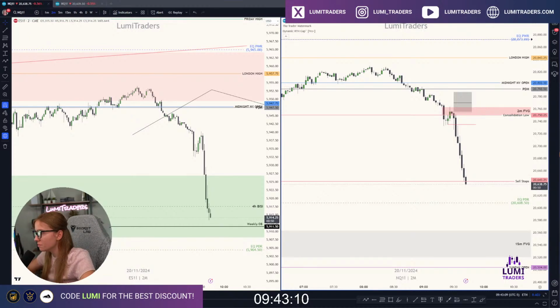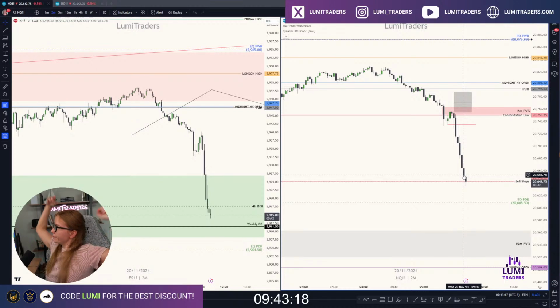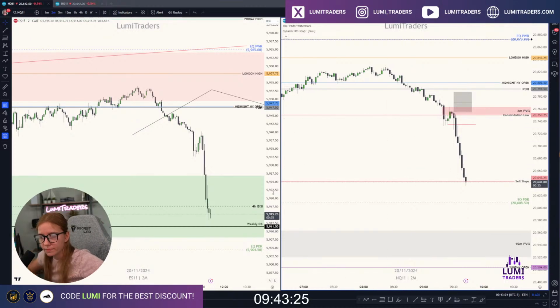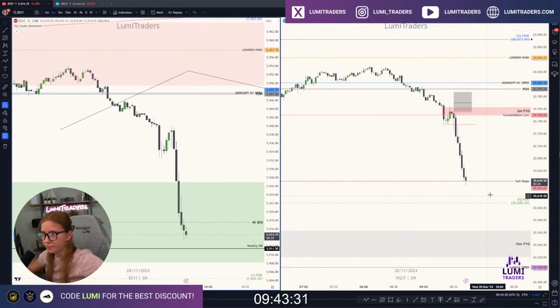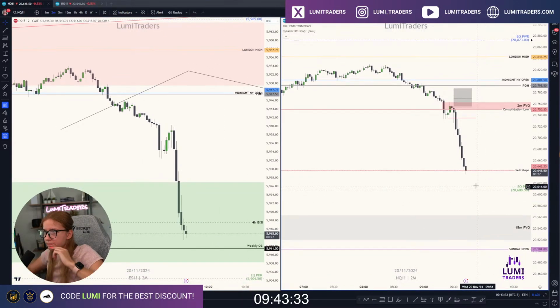Just move lower, right from the market open. Like this.